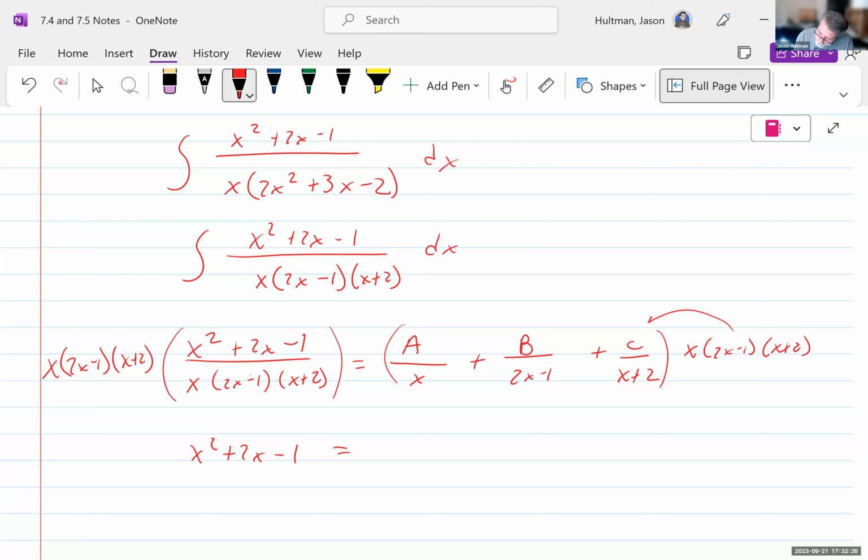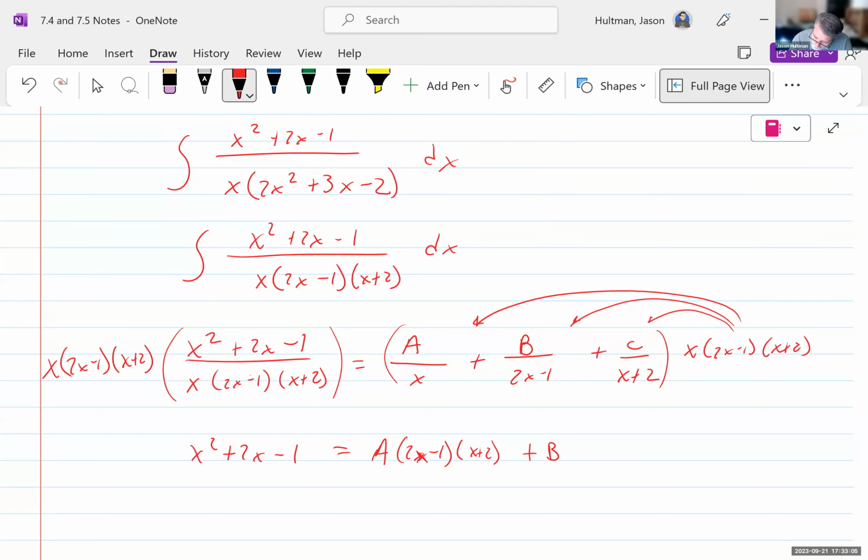And if I distribute this to each of those terms, one of the factors will cancel out in each of the terms. A goes to a times 2x minus 1 times x plus 2. The x factor that I'm distributing will cancel with the x in the denominator, and I'll just be left with these two factors, 2x minus 1 and x plus 2.